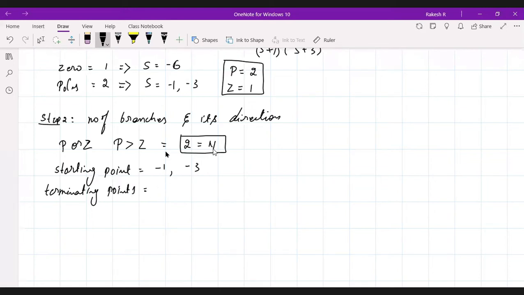Here the zero we have is minus 6, which is one terminating point, and we don't have any other zero. So I can consider the other terminating point as infinity here. We don't know whether it is going to minus infinity or plus infinity, so we shall consider just infinity here.